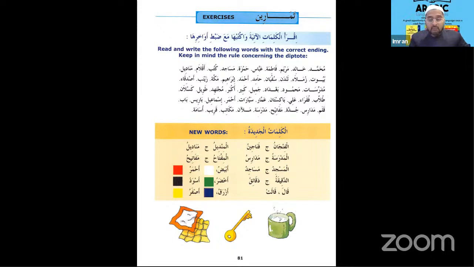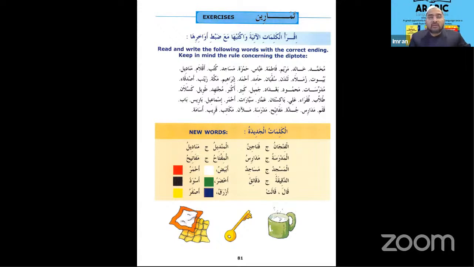One noun has alif lam, and because of alif lam it gets a dhamma. The other noun is Zaydun, a proper noun, and it is allowed to receive the dhamma tanween. The next state is mansoob. Mansoob is when the noun receives either a fatha tanween or a fatha, for example kitaban and al-kitaba.